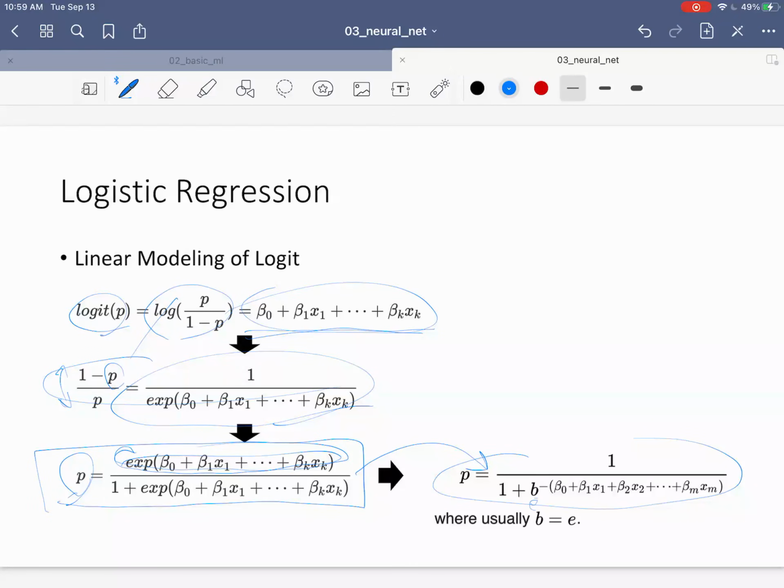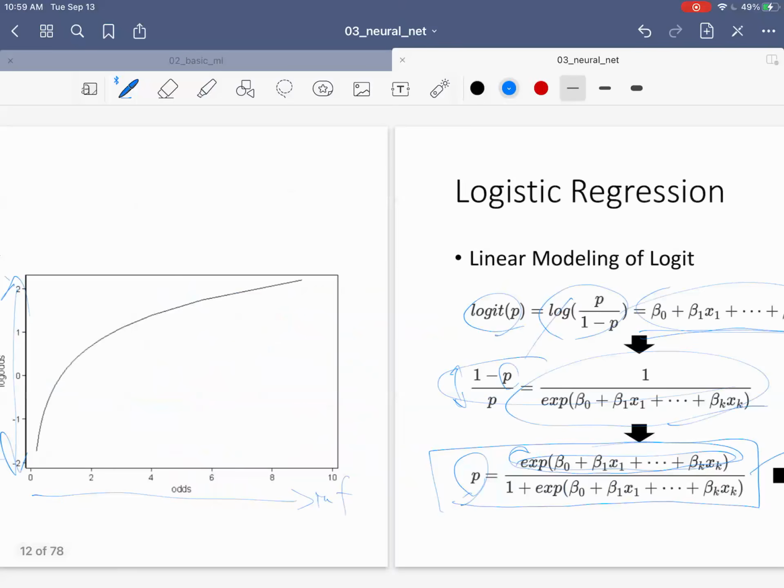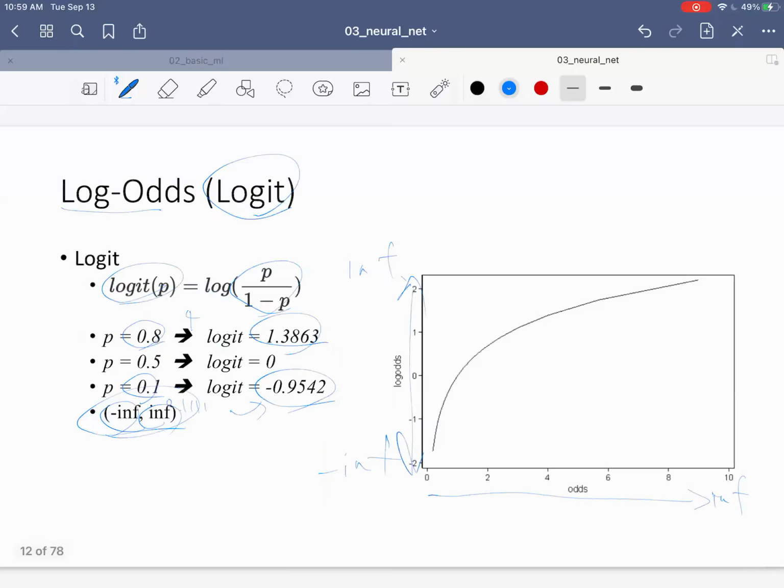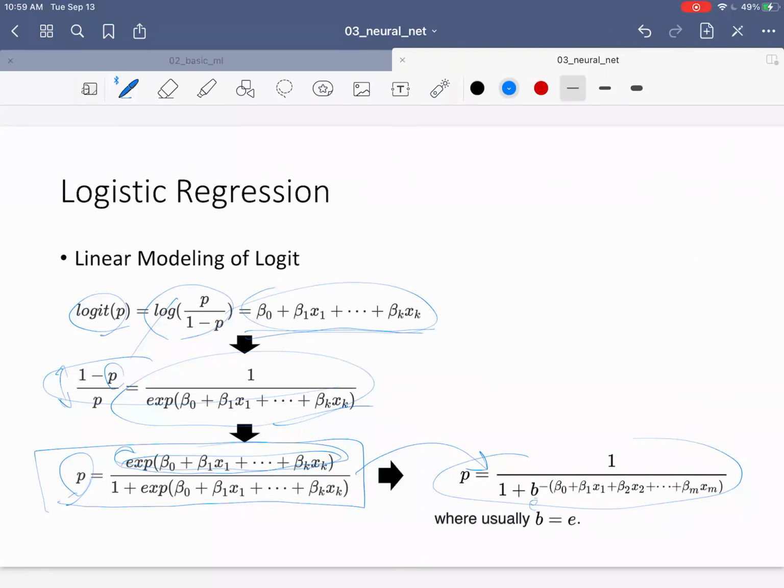So this is your logistic regression, right? So you can see how it was derived. You start from the probability of something happening, when you're winning at a gamble, or some patient having cancer, or someone dying, whatever, some binary outcome.